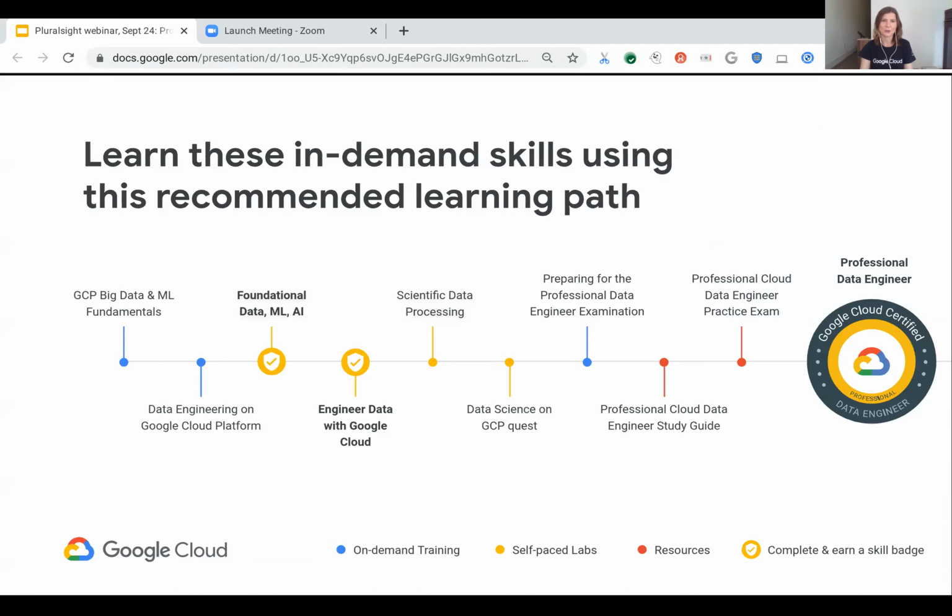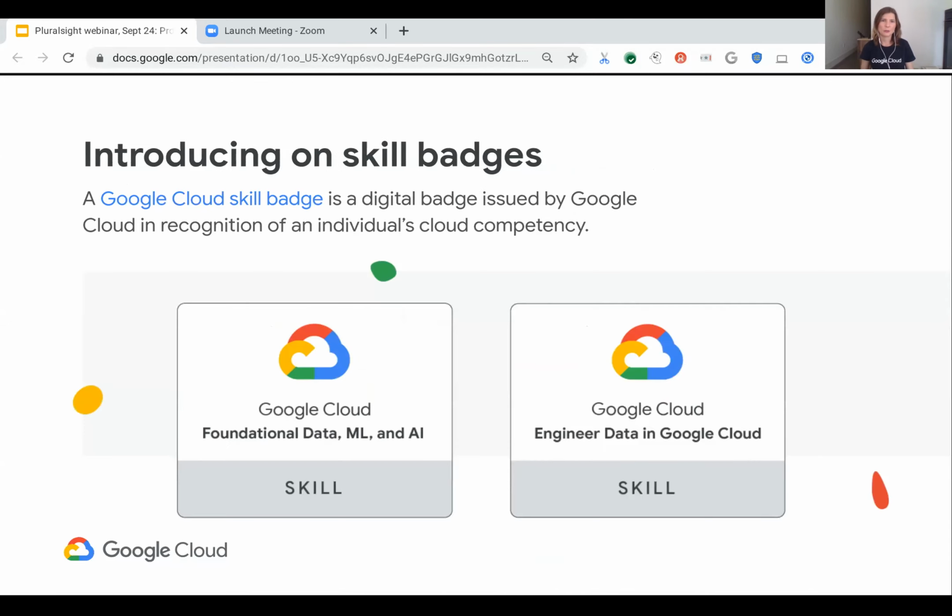So going back to our overall journey, I wanted to briefly cover a fairly new tool in the preparation journey, which are the skill badges. Over here, they are highlighted by foundational data, ML, and AI, as well as Engineer Data with Google Cloud. So very briefly, a Google Cloud Skill Badge is a digital badge issued by Google Cloud in recognition of your cloud competency.